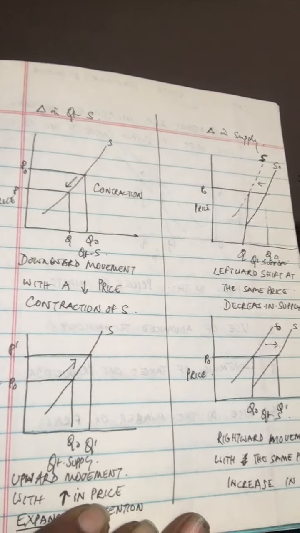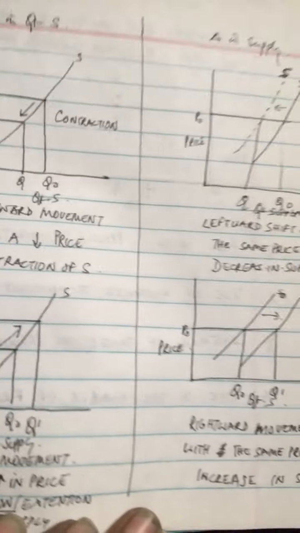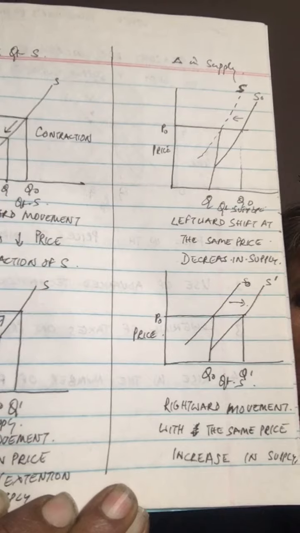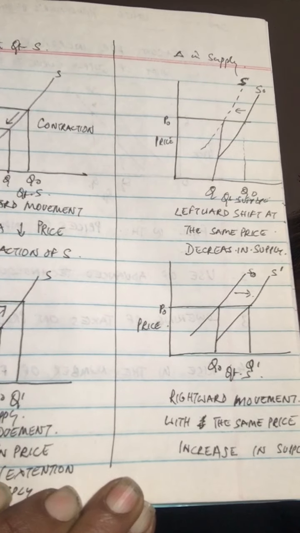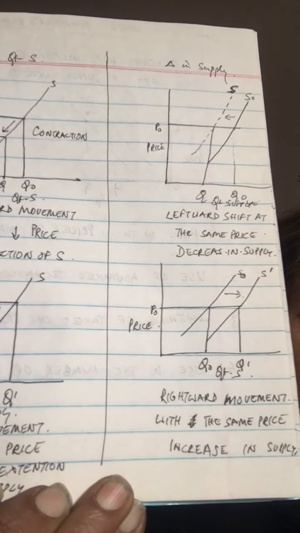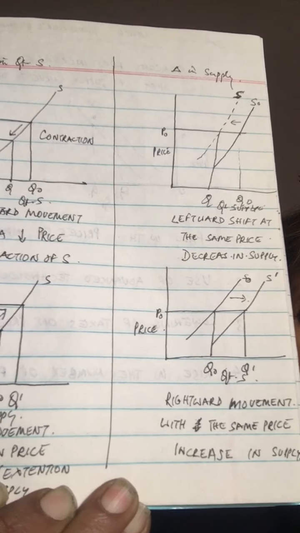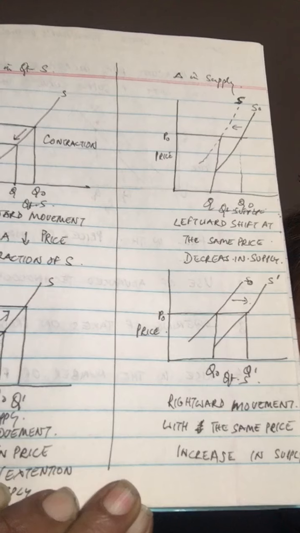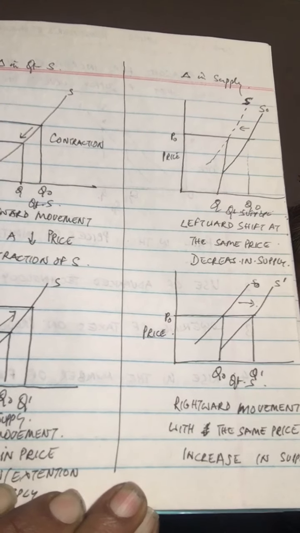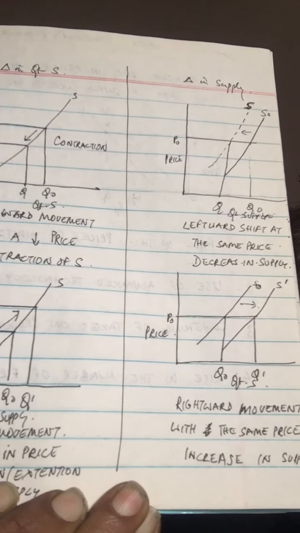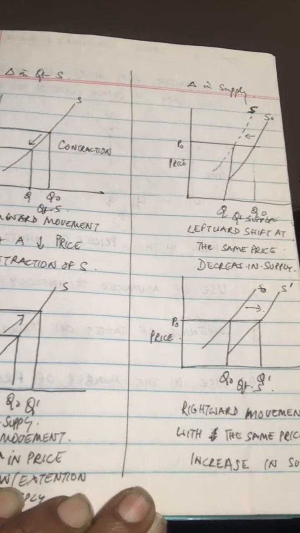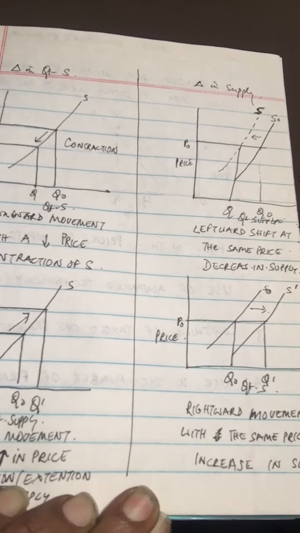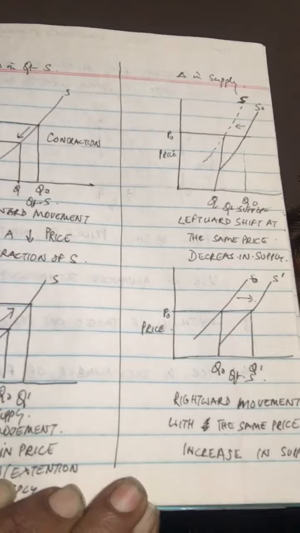There's been an extension of supply. And here we are going to talk about the increase in supply. Same price, a rightward shift. That means more supply. There has been an increase in supply due to some policy, some technological change, or other factors other than price. The price is given.